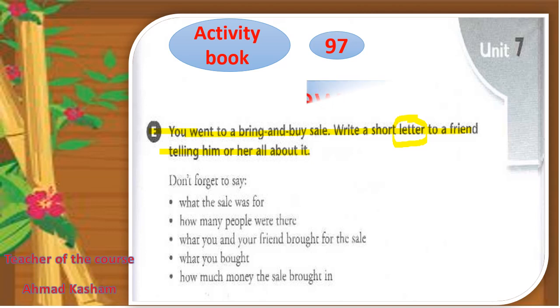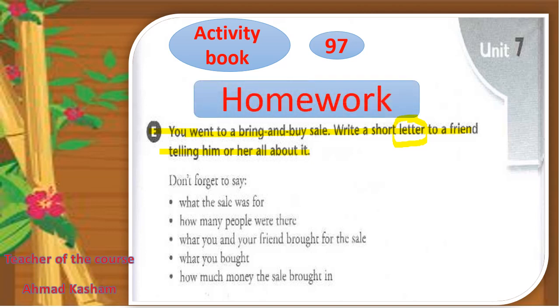So my dear students, we have homework to write a letter. A letter about what? About this bring and buy sale. We should suppose ourselves went to this sale and we want to write a letter to another friend telling him about everything we saw in this sale.